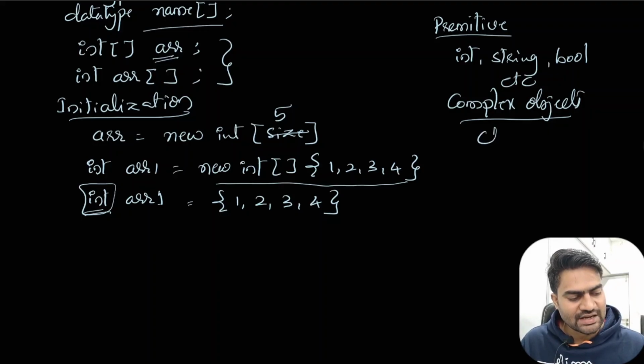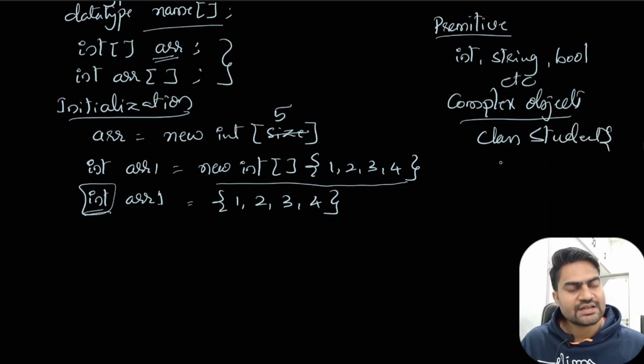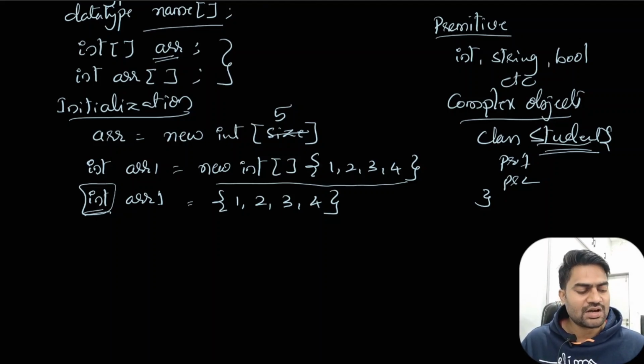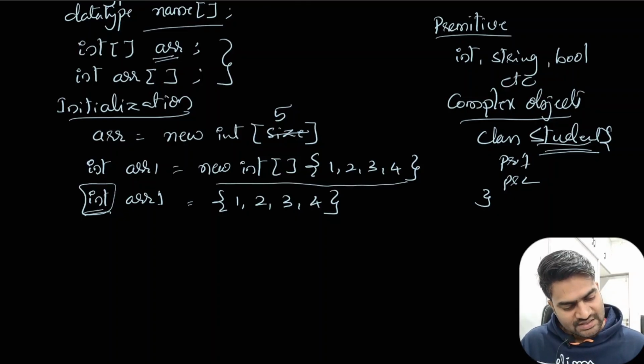Maybe I can create a class Student that contains some properties, property 1, property 2. Then I can create an array of type Student. So we can use primitive types or complex object types here.